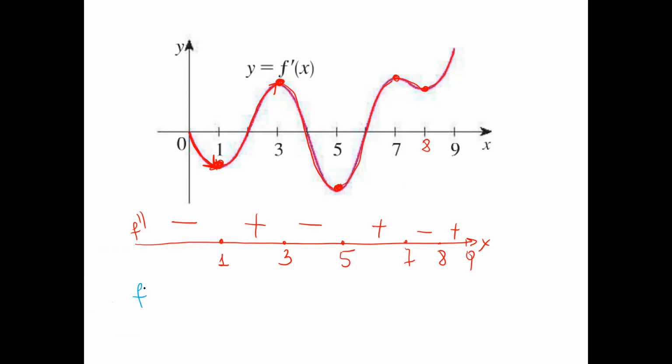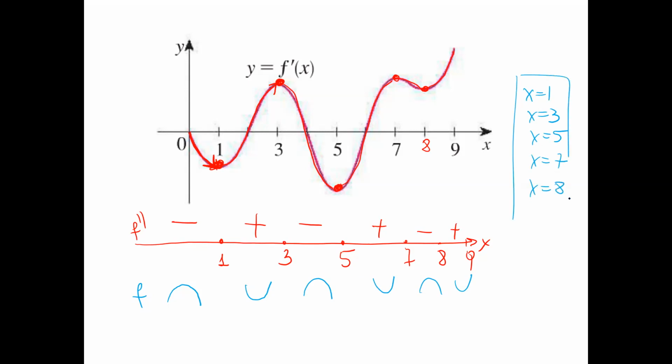Perfect. Then our function is concave down, concave up, concave down, concave up, down and up. At every single x value listed on the number line, we will have an inflection point. That means inflection points are at 1, 3, 5, 7, and 8.